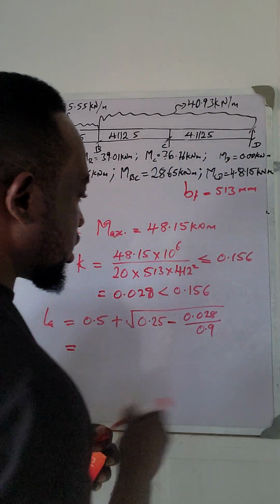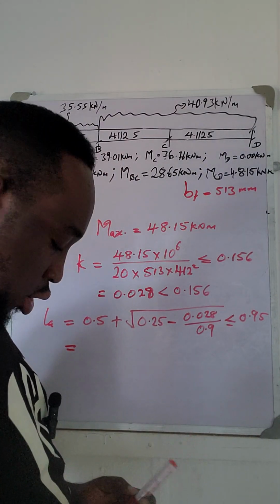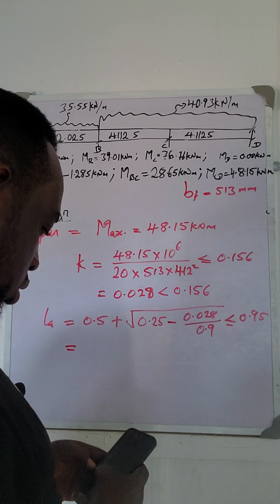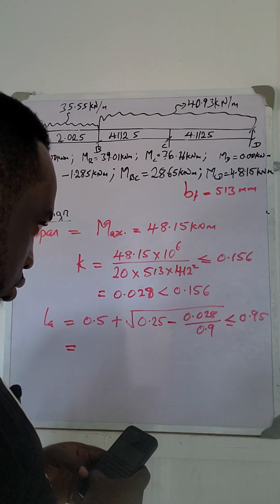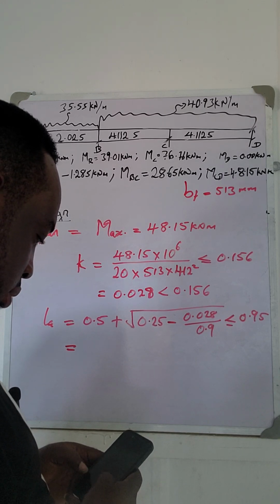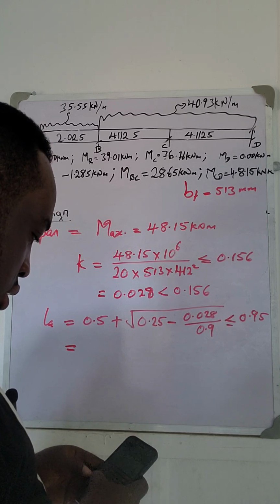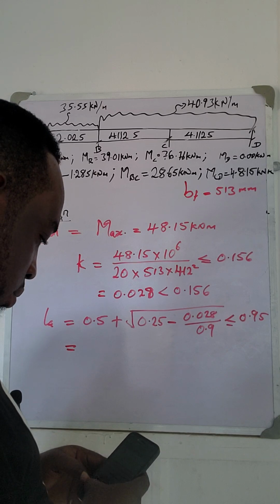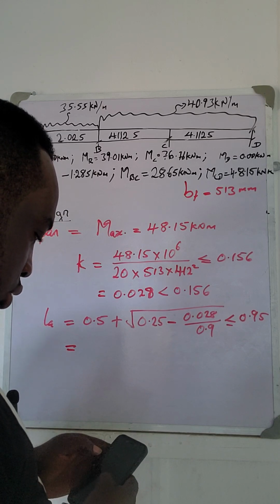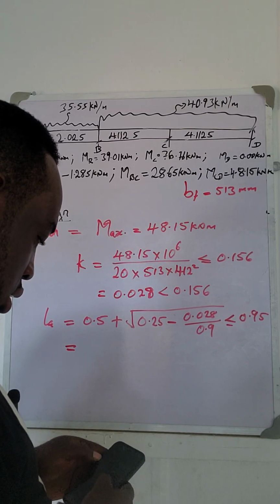This must be less than or equal to 0.95. So if you solve for this, we are going to have the square root of 0.25 minus 0.028 divided by 0.9.